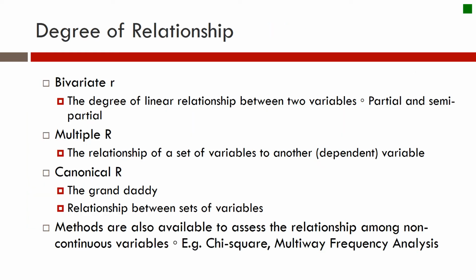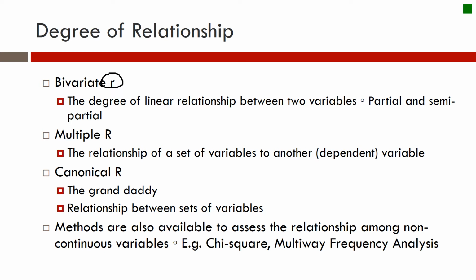So when we look at different relationships, we have several different categorizations. So the bivariate relationship, which is sometimes we just think about as maybe a correlation like in R, would be the relationship between two variables. So two variables and how those two variables go together.